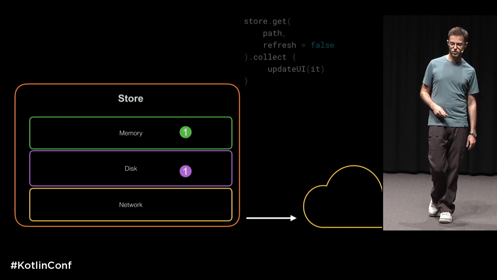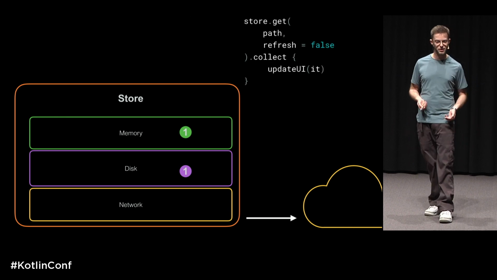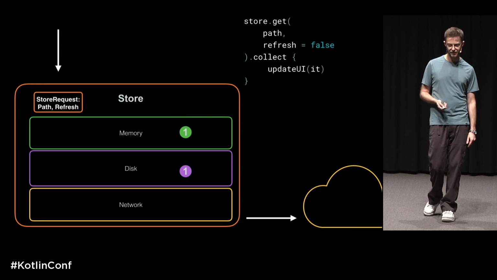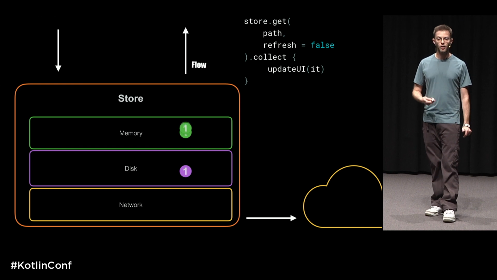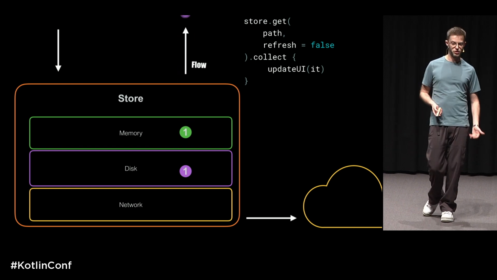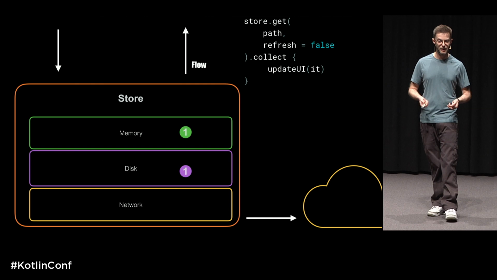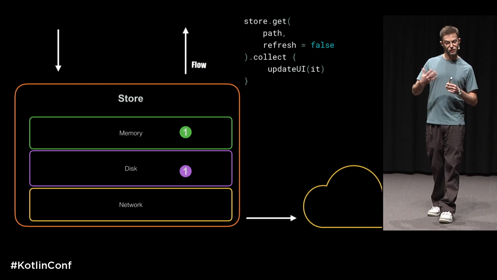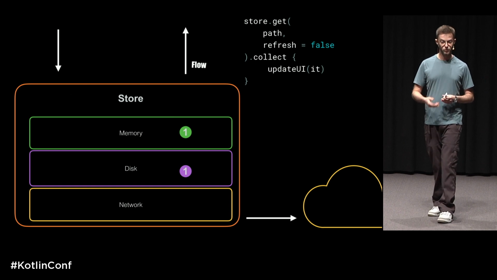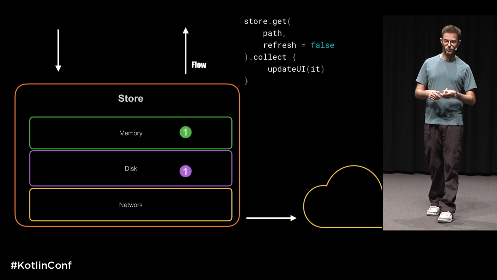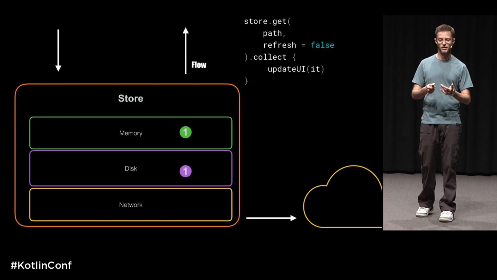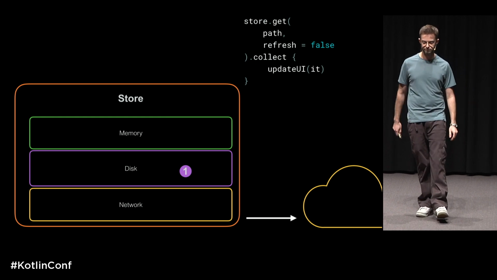You, again, will just do store.get, same exact request, but now, since we have data in memory and on disk, when we make our flow, we actually return our cached data back out rather than hitting the network. Same code. UI only holds an identifier. We don't have to persist it or serialize it or do anything else besides just holding our identifiers so that we can access that same data again.